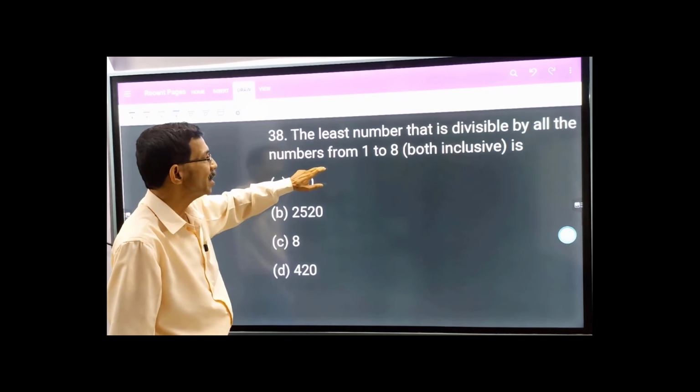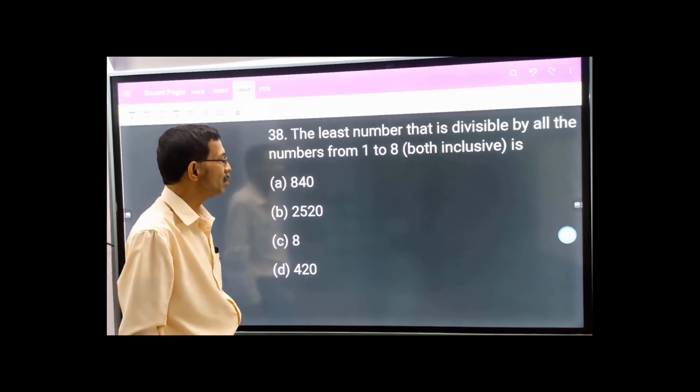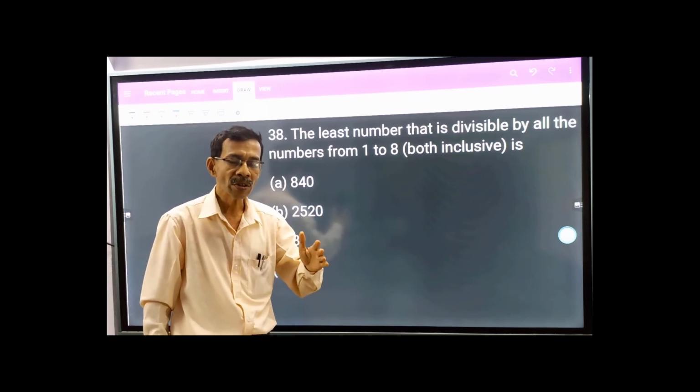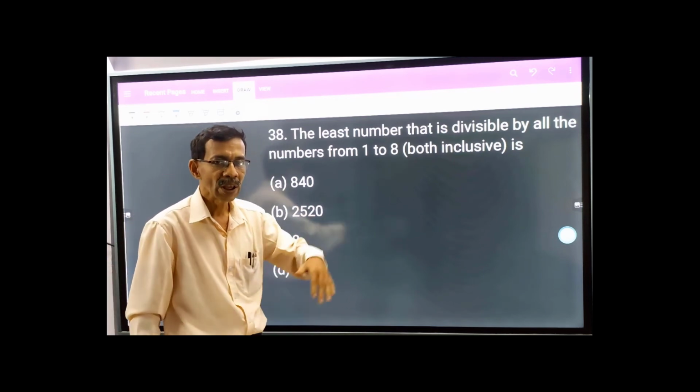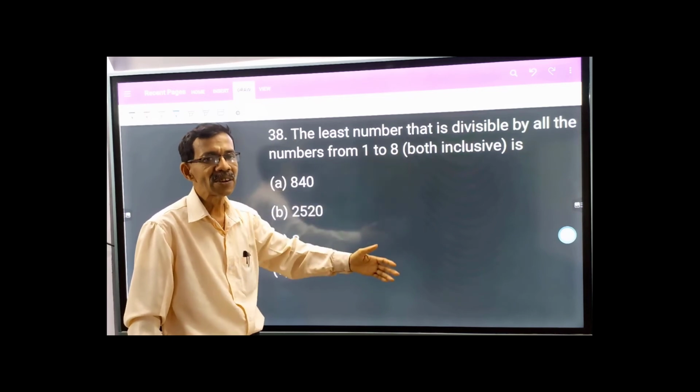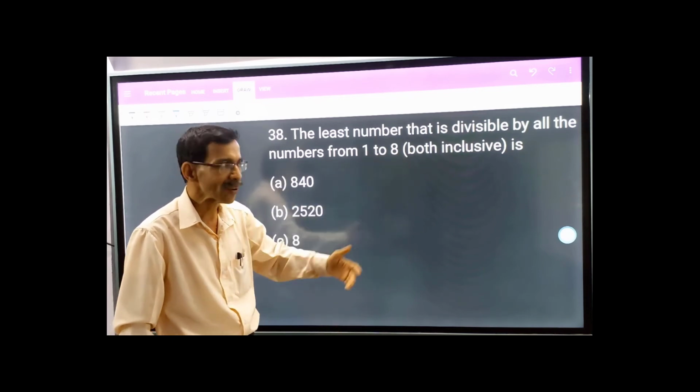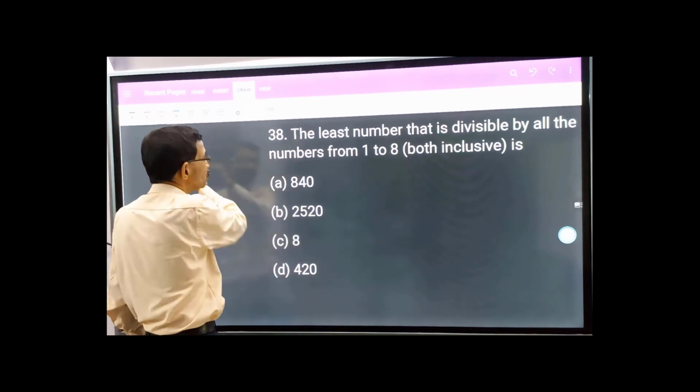So here again, the least number that is divisible by the numbers from 1 to 8. We have seen for numbers from 1 to 5. Let us extend this discussion up to 8 instead of 5. So let us do that.